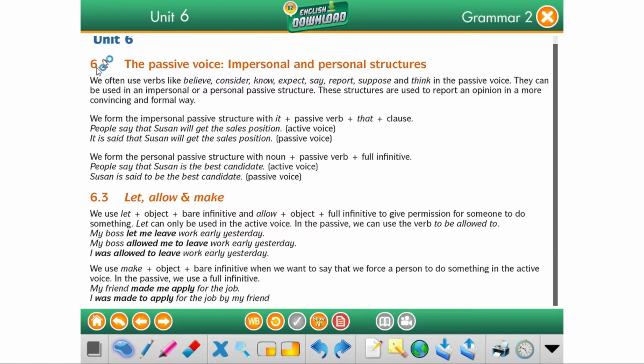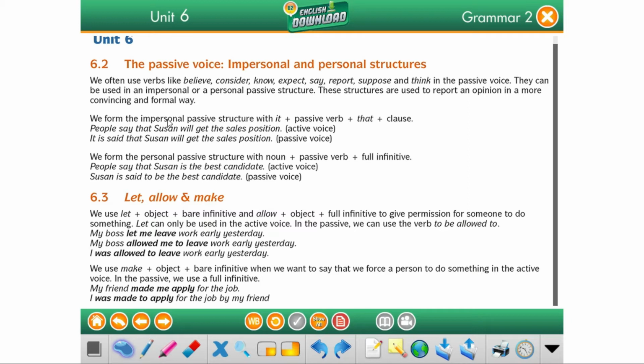Okay, as I said before, we often use verbs like believe, consider, know, expect, say, report, suppose, and think in passive voice. They can be used in an impersonal or a personal passive structure. These structures are used to report an opinion in a more convincing and formal way.